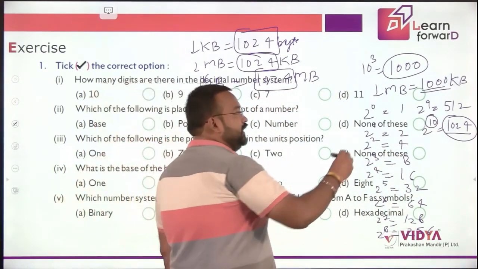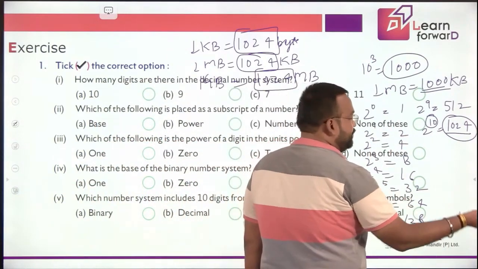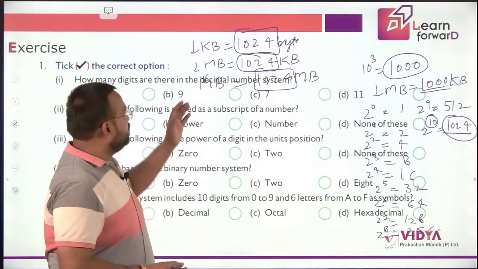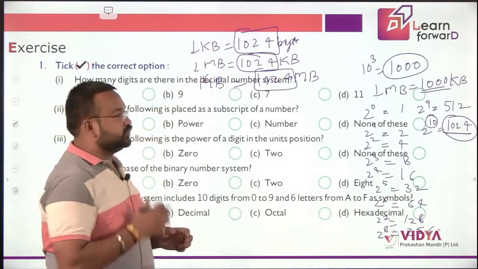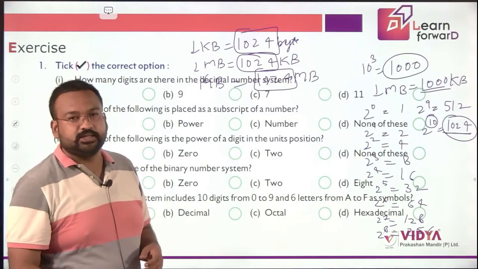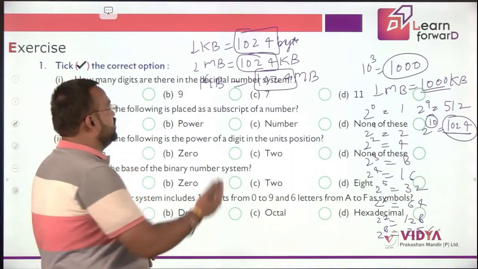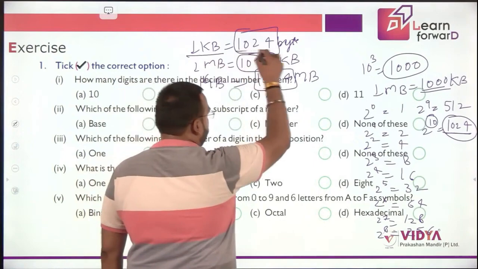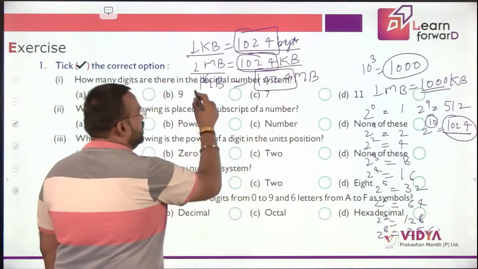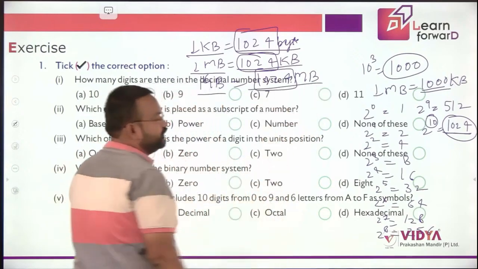So keeping to binary representation, you would get 1024. Whenever we convert a higher memory unit to the lower one, it would be 1024. That's why in 1 KB we have 1024 bytes, in 1 MB we have 1024 KB, in 1 GB we have 1024 MB.